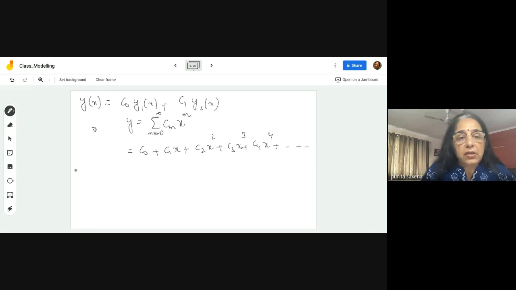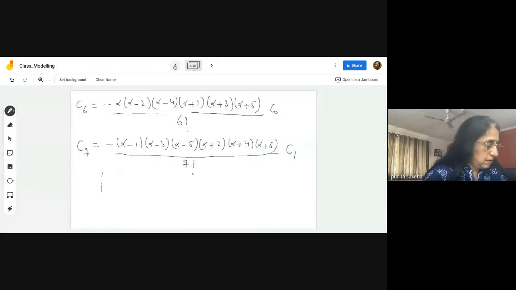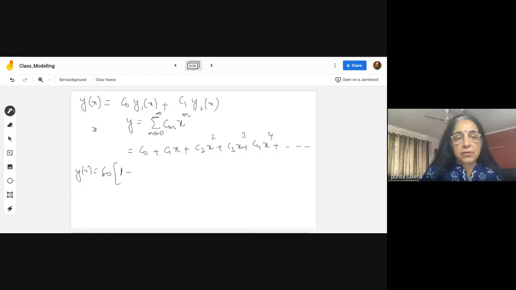So basically, your y(x) is now going to be C0 into, C0 will remain C0, I have taken it common, so it will be 1. Then I have to write my C1. But what was C1? Sorry, C1 is different. I'm sorry.